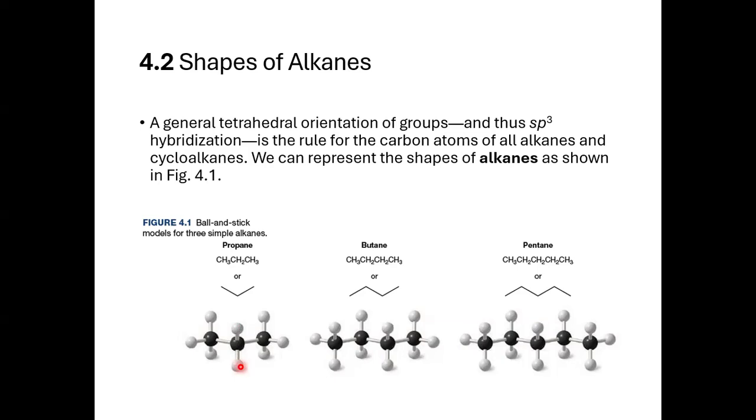If the bond has a sideways orbital overlap, usually the sideways overlap will be attributed to the p orbitals. When two orbitals form a sideways overlap, they form a pi bond. We can see more of that when we see double bonds.